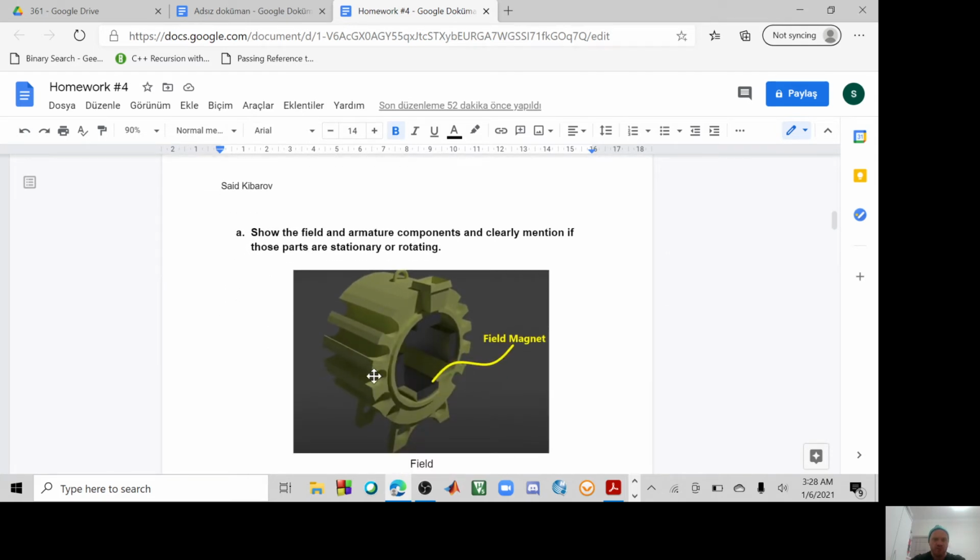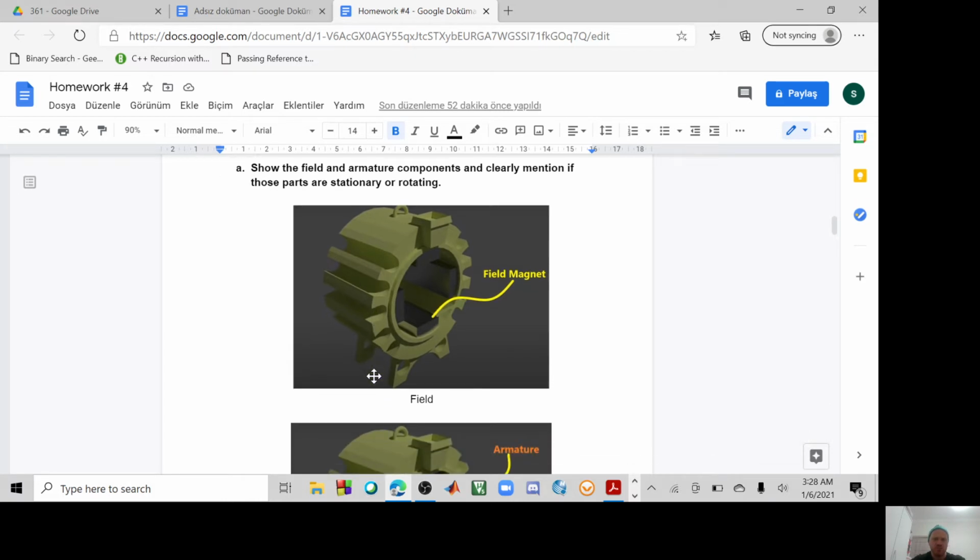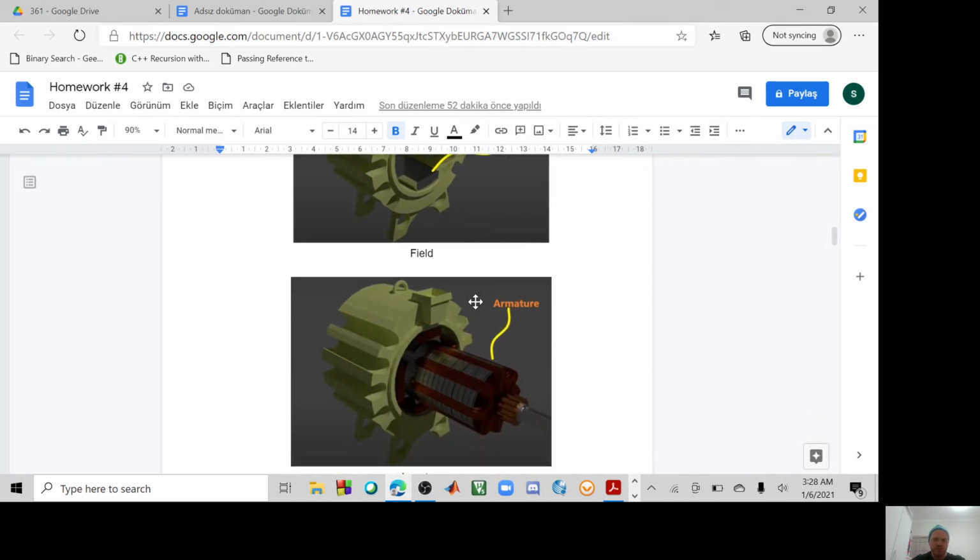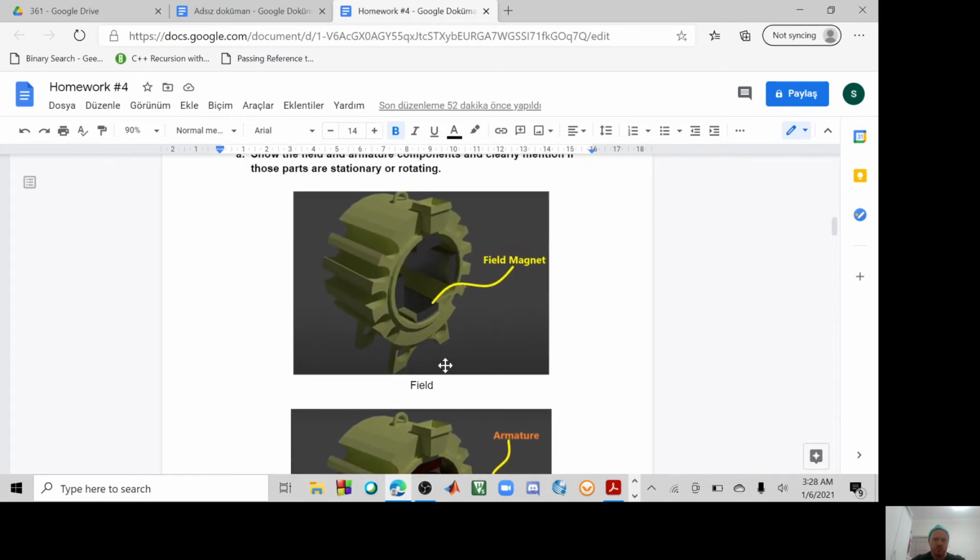So let's go on. Show the field and armature components and clearly mention if those parts are stationary or rotating. I have 2 drawings for this part. This is the field and this one is for the armature. From this picture you can observe this is the field magnet.